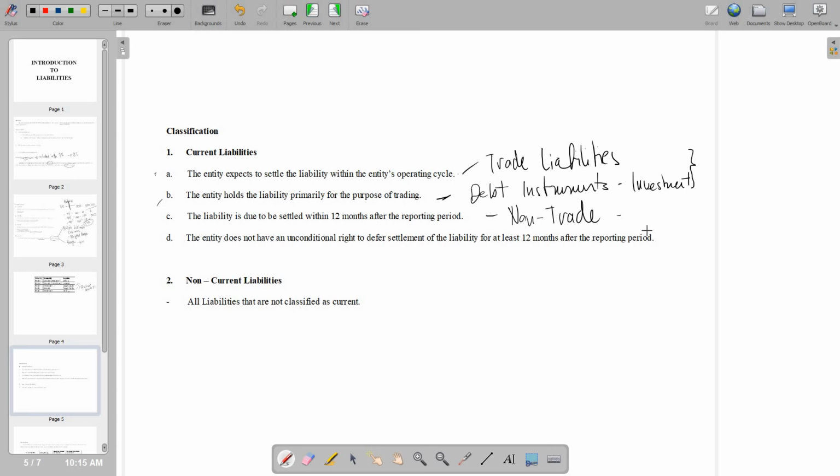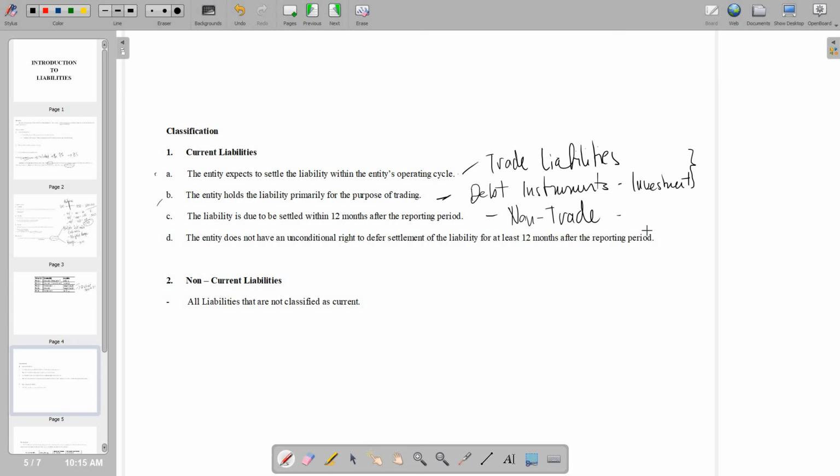Okay? So just a clarification, it doesn't mean that if it's 12 months, automatic trade. Okay? Or rather, if it's more than 12 months, it is automatically non-current. No. Okay? If the liability is trade, regardless of the period on when it is due, it is always current.